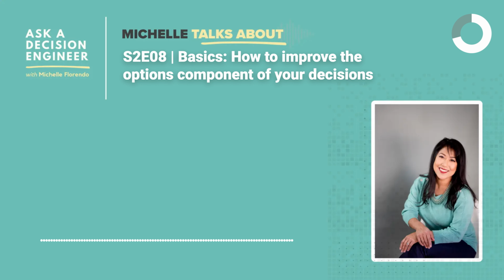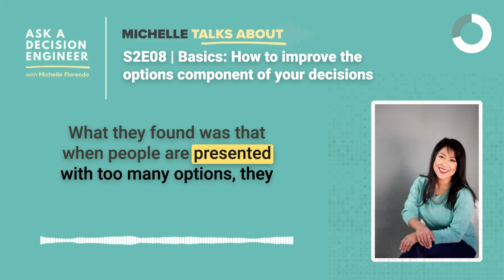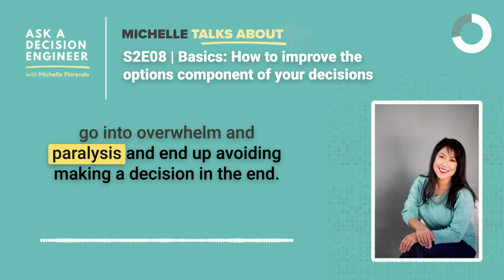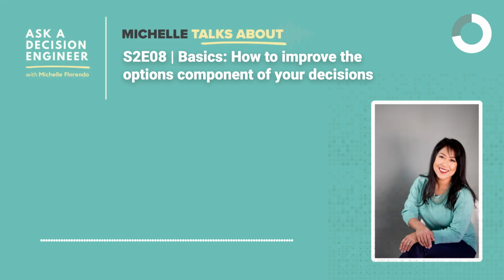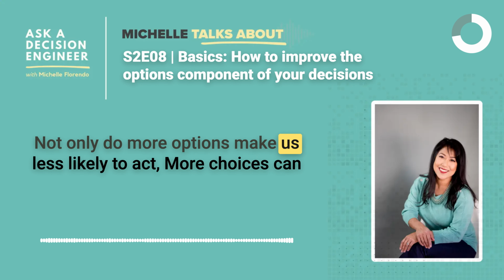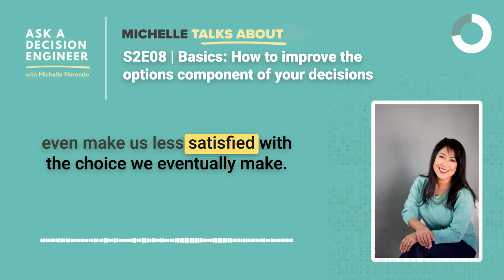What they found was that when people are presented with too many options, they go into overwhelm and paralysis and end up avoiding making a decision in the end. Not only do more options make us less likely to act, more choices can even make us less satisfied with the choice we eventually make.